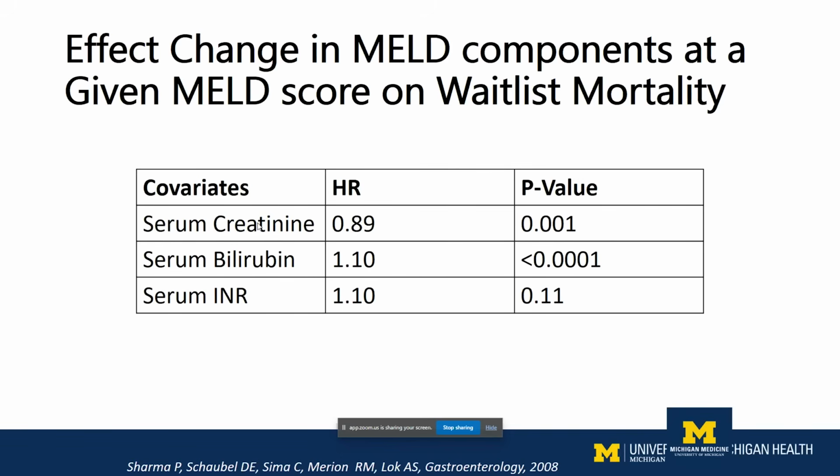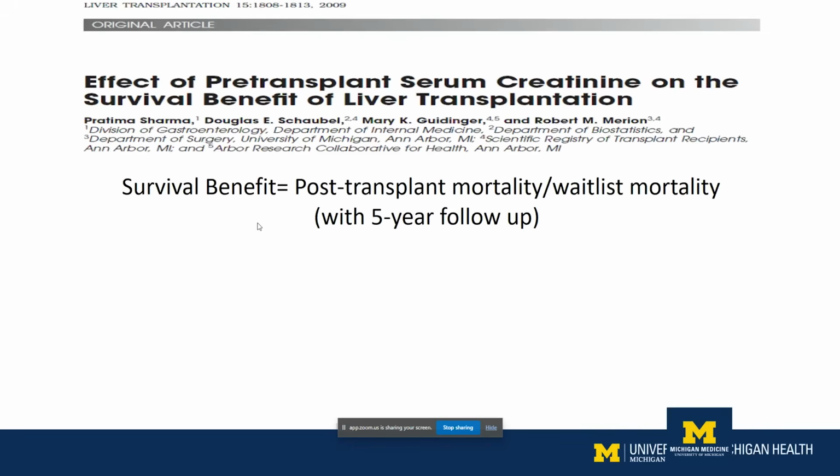And then, on the survival benefit of liver transplant, based on that, we wanted to look at what the survival benefit of liver transplant is and how the serum creatinine affects it. Survival benefit was defined as post-transplant mortality divided by waitlist mortality with 5 years of follow-up. If the hazard ratio is greater than 1, then these patients have a waitlist advantage.